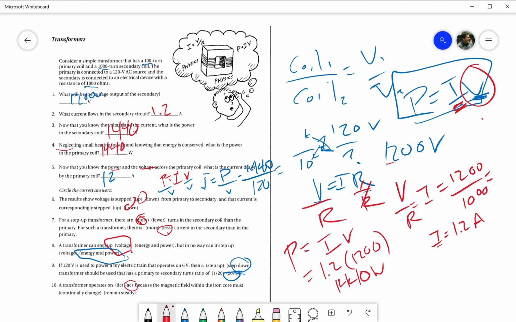And again, it's because it's AC, because the magnetic field constantly changes. When you have the current going back and forth, back and forth, it continuously changes the magnetic field, which causes the current on this side to cause a current on this side. Okay, that is it.